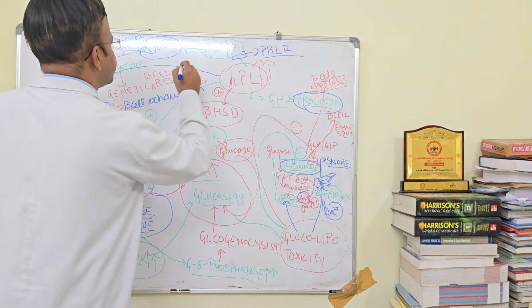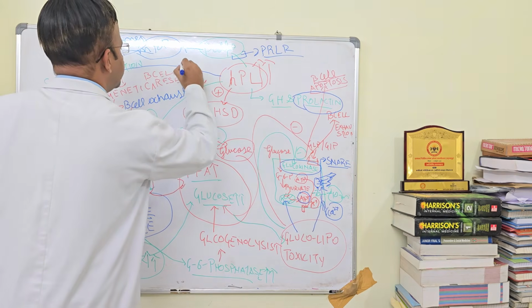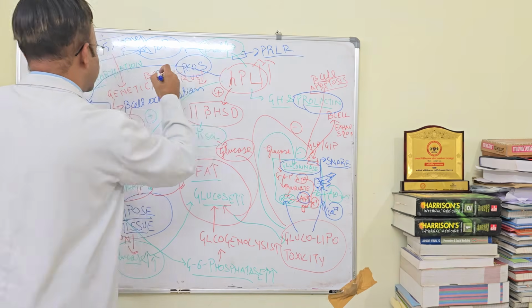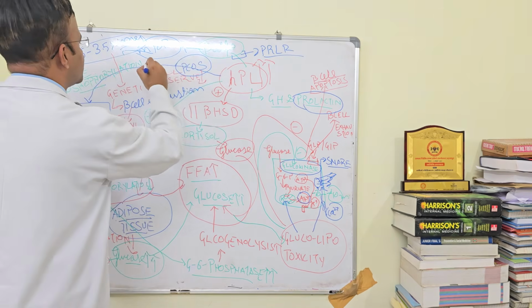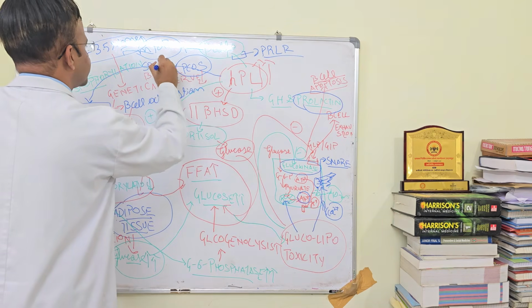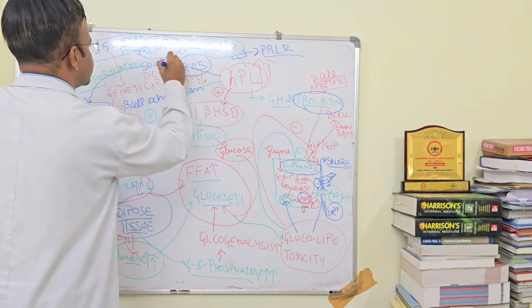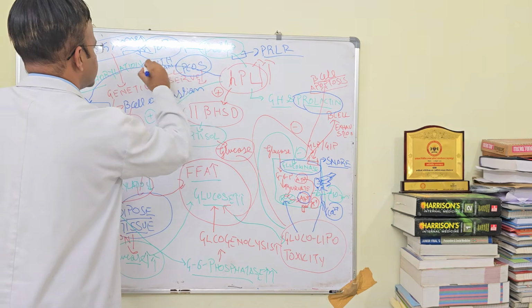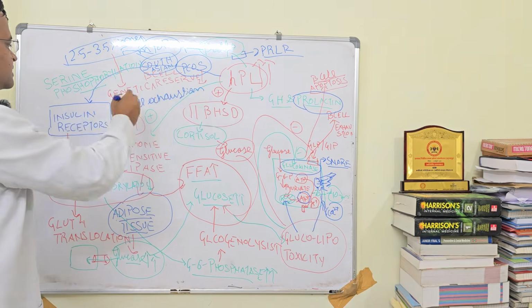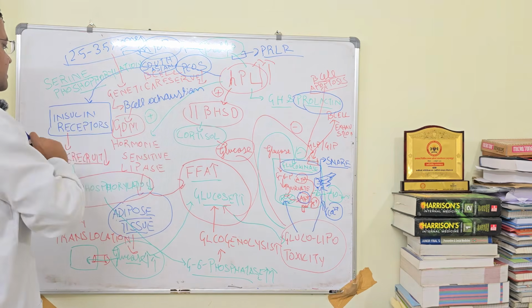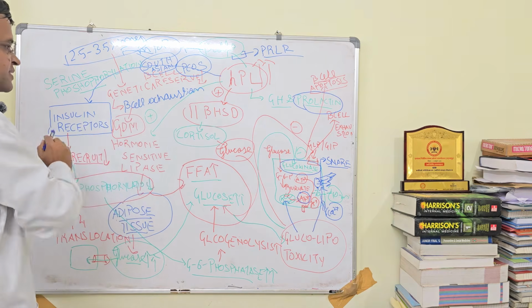And what are the conditions which can predispose to it? Conditions like PCOS, you won't have enough beta cell reserve. And South Asian descent, if you are from South Asia. Then this will lead to beta cell exhaustion and gestational diabetes mellitus.